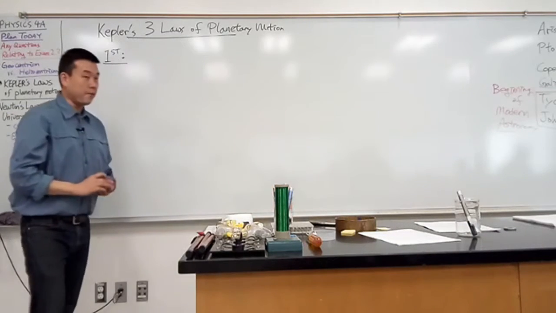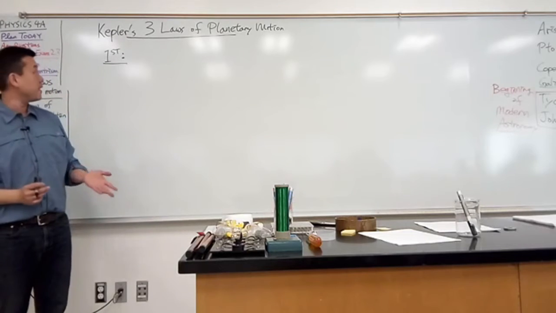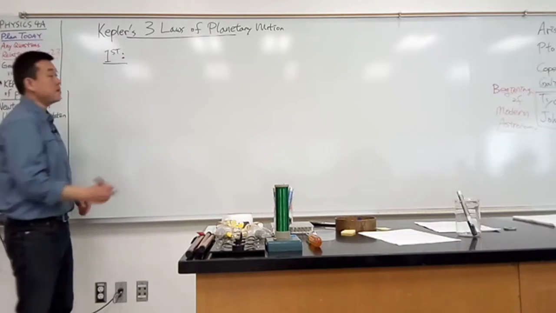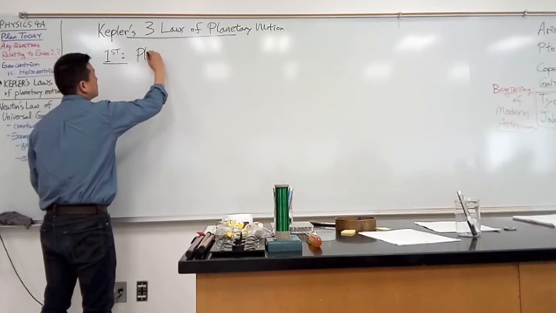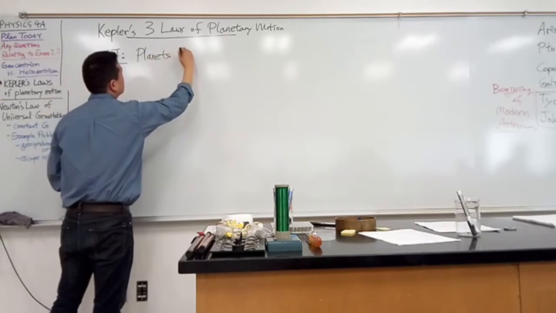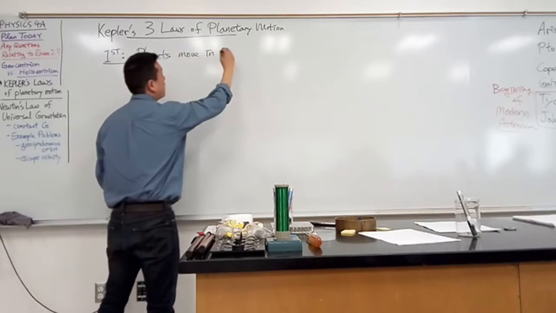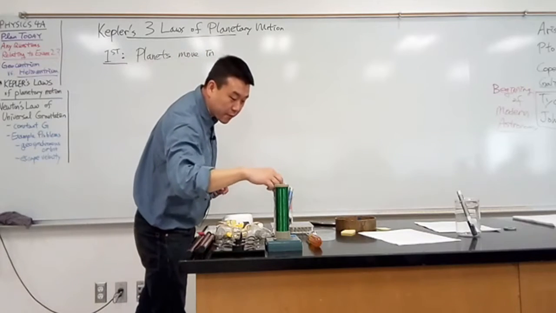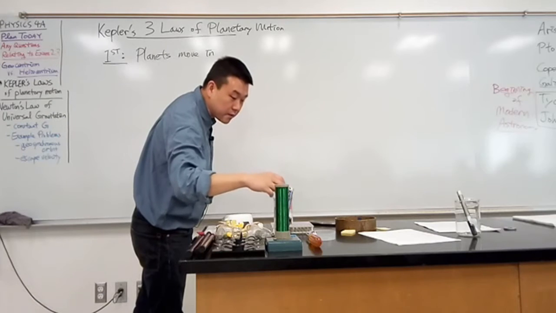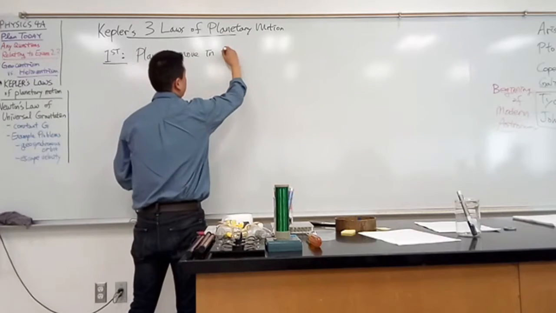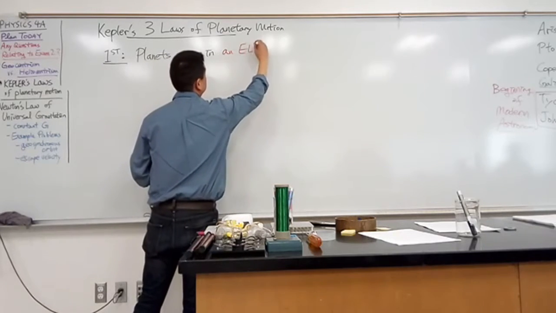Well, from Kepler's analysis of Brahe's data, what he found to be true is planets move in not a circle, but, I probably should do this in a different color, move in an ellipse.